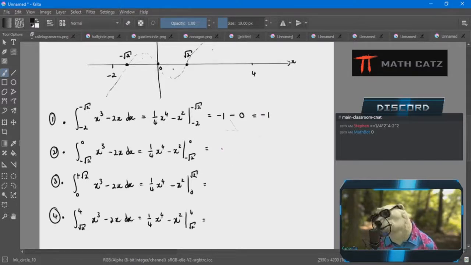You'll then get an answer here, answer 2, answer 3, answer 4. Make them all positive. Zoom out.